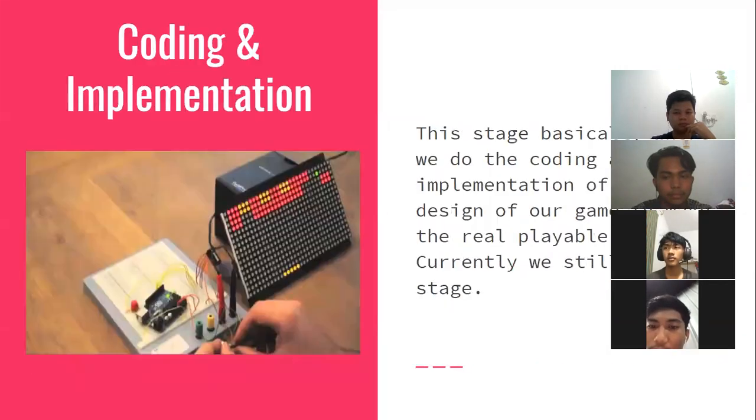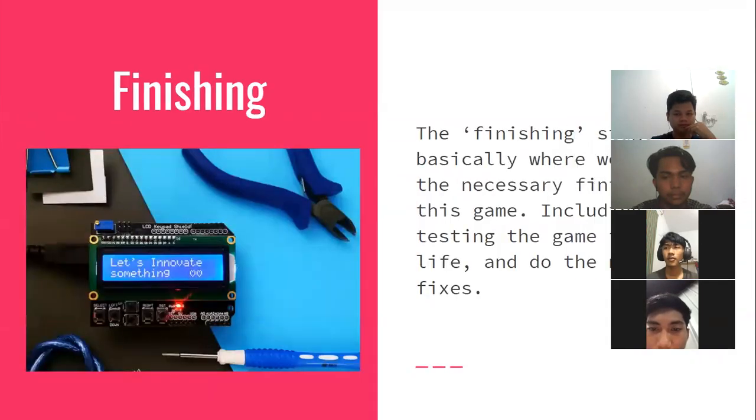Currently, we are still in this stage. Next, finishing. The finishing step is basically where we do all the necessary finishing of this game, including testing the game in real life and doing the necessary fixes.